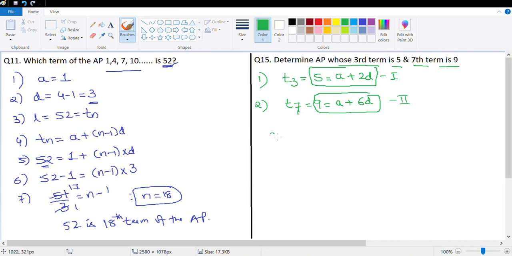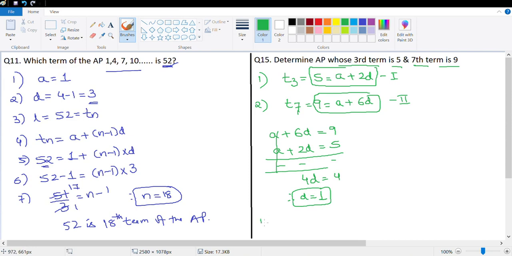So I have two equations, two variables, should be able to solve it. I notice that already the coefficient of A is equal, so we can go ahead and subtract them directly. So A plus 6D is equal to 9 and A plus 2D is equal to 5. If I subtract these two equations, what I get is 6D minus 2D, that's 4D, 9 minus 5, that's 4. Therefore, D is equal to 1. Now put D is equal to 1 in, let's say, equation 1.